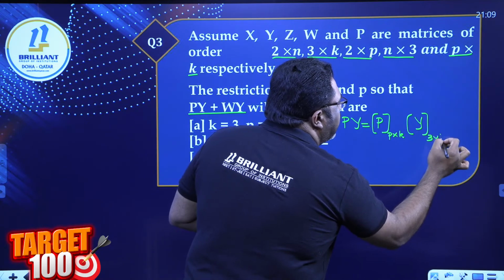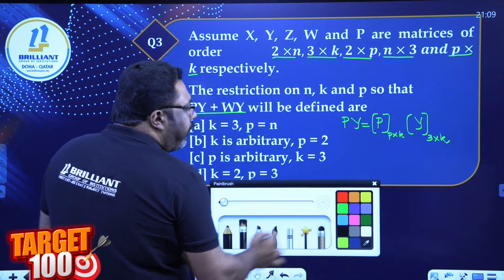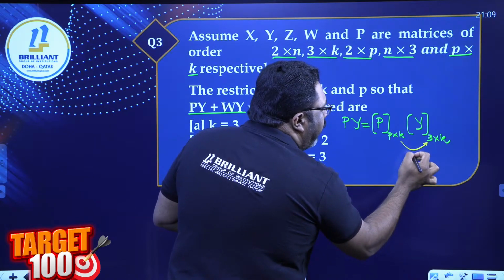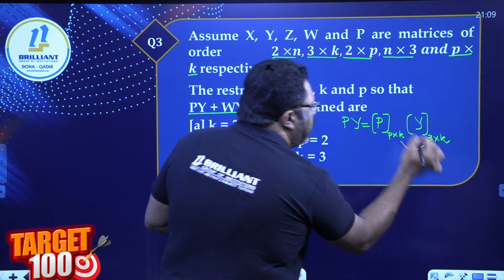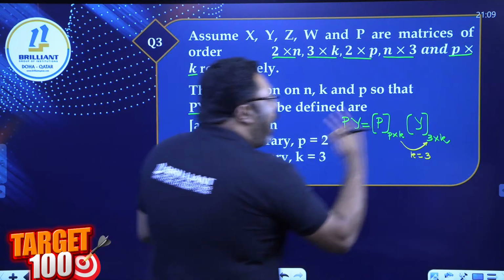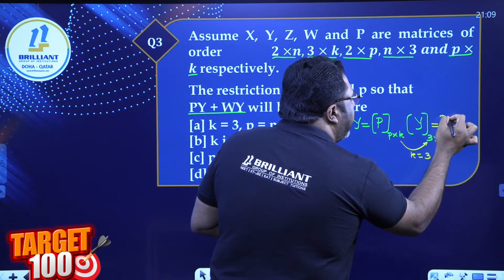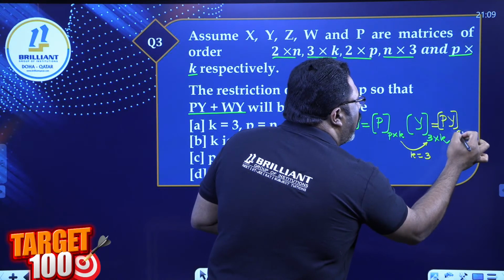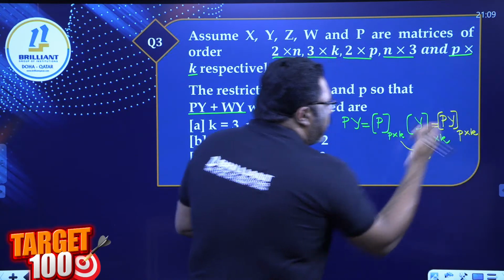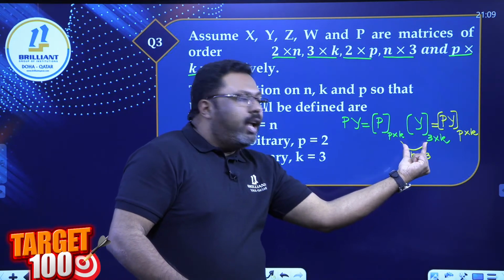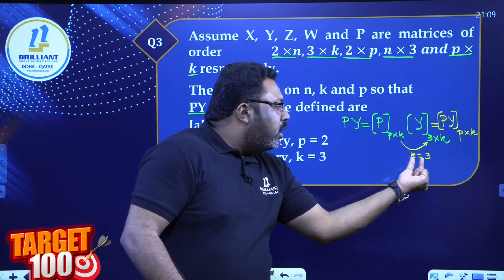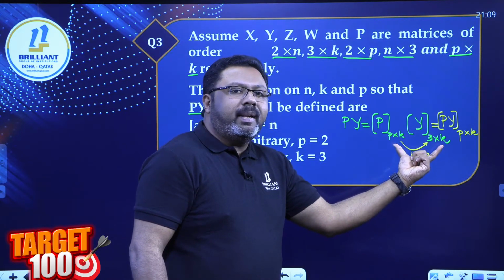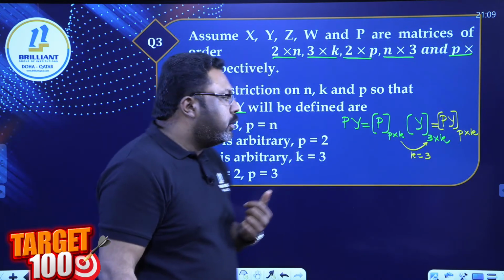This product is defined only if these two values are the same, that is k should be equal to 3, and then the product matrix will be of order p by k. That is, the inside values must be equal, and the outside values give the order of the product.